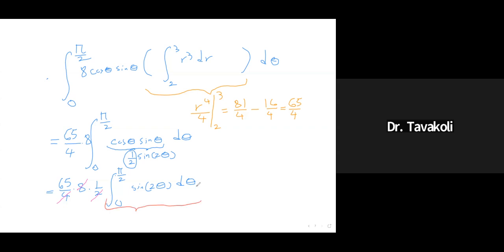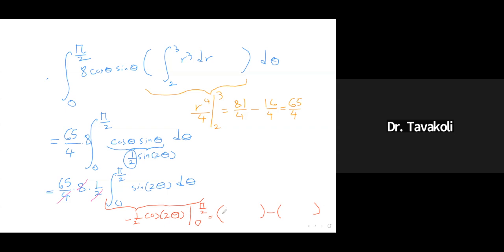As you know, the antiderivative of sine of k theta is -1 over k cosine of k theta. In this case, the antiderivative is -1/2 cosine of 2 theta. You have definitely seen this in calculus 2. Then it should be evaluated at those values, and we should do the subtraction.